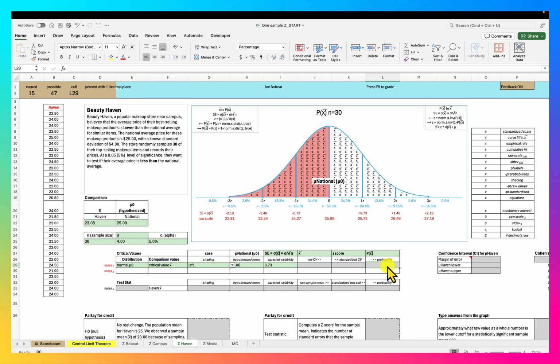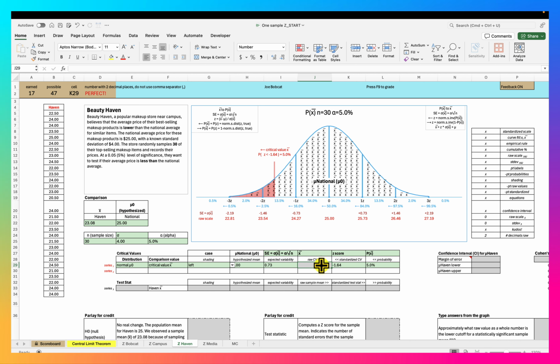So the probability is equal to 5%. And the reason I don't divide by 2 this time is because I'm only looking one direction. So all the probability goes on one side. And then, again, it's p of x bar to x bar. We're looking left, so it's NORM.S.INV of this probability.